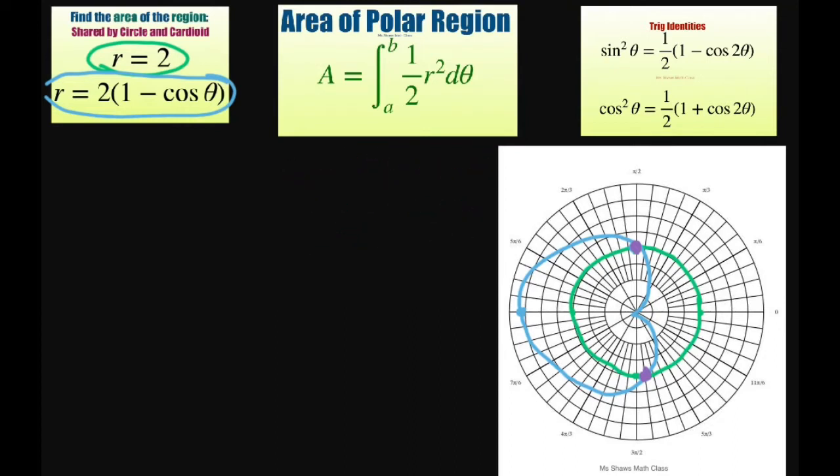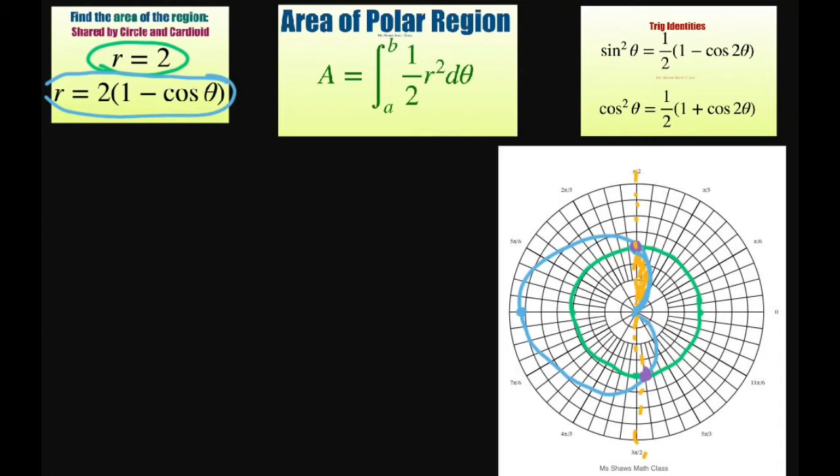So when you look at it, I'm going to draw this line here. What we're looking for is this shaded region here, and the border of it is from the cardioid.